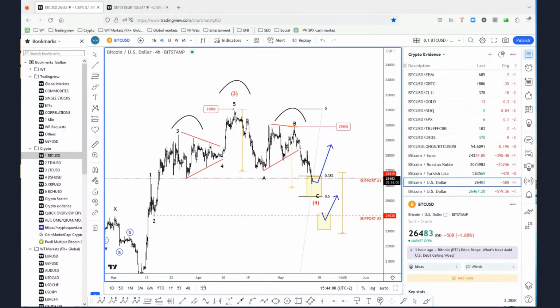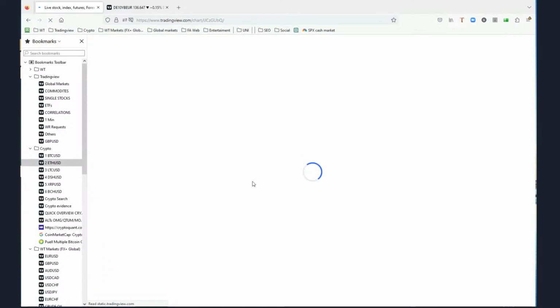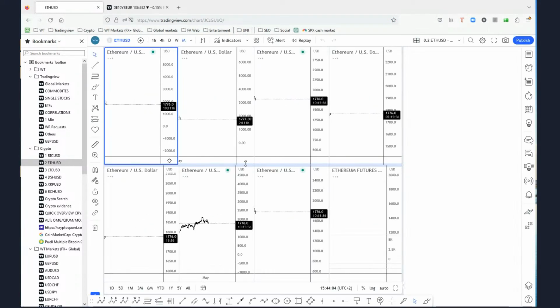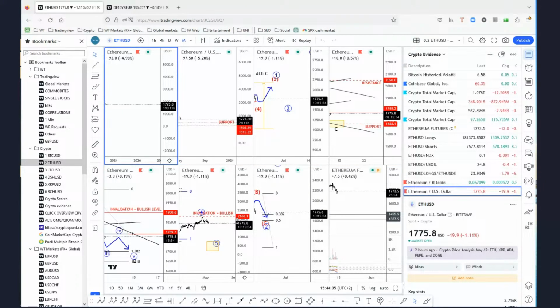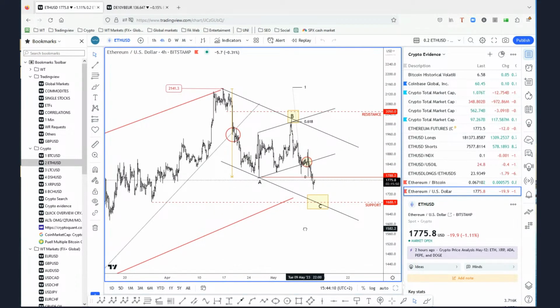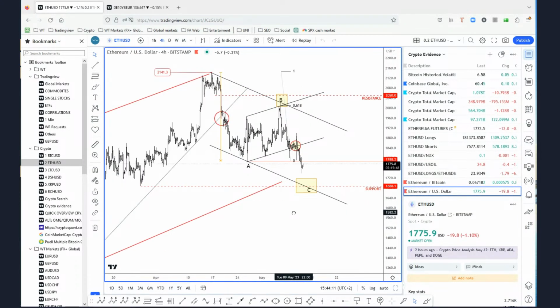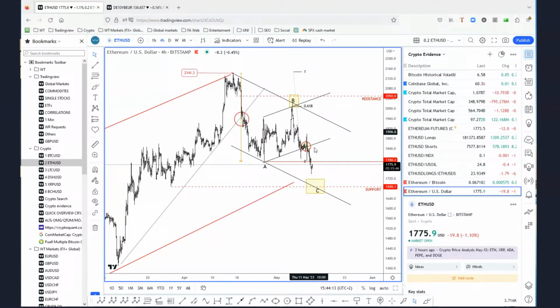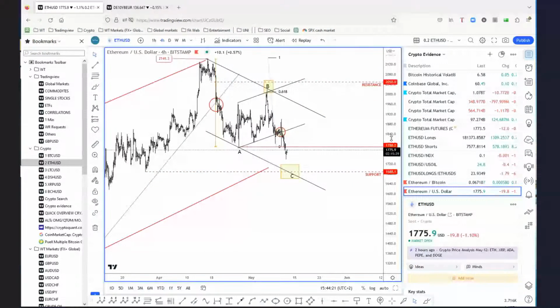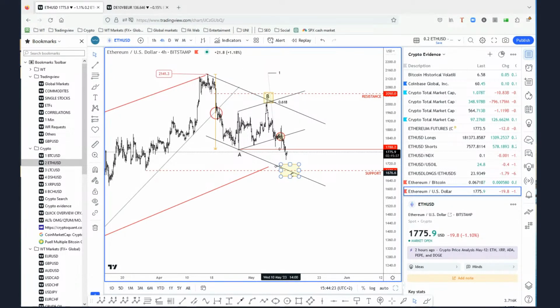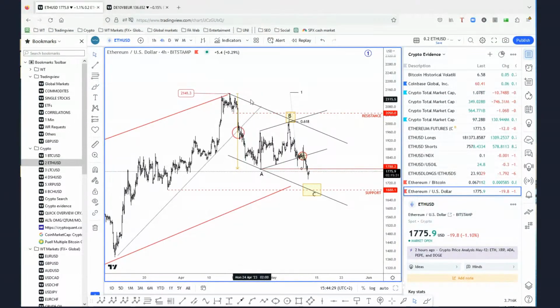Now looking also at Ethereum. Again, we have very similar price action, waves A, B correction, and now wave C. Now, in a wave C, in a three-wave corrective movement, you want to see that wave C will stop somewhere around the lower parallel trendline support of these corrective channels. Because if this is a corrective channel, you want to see this trendline support hold.